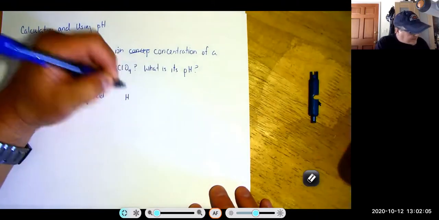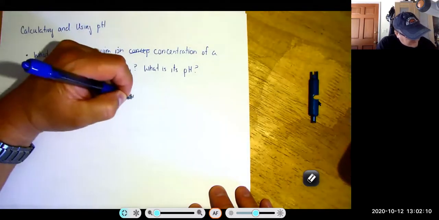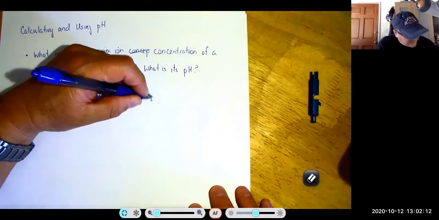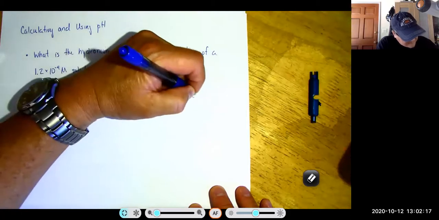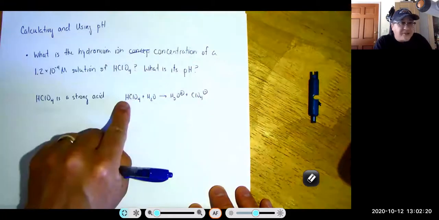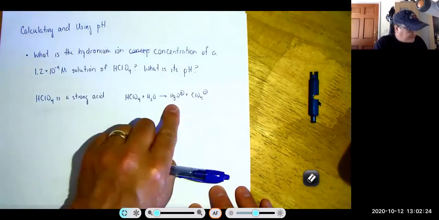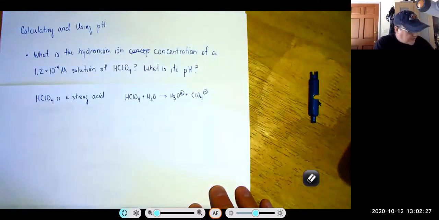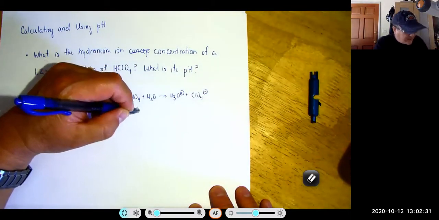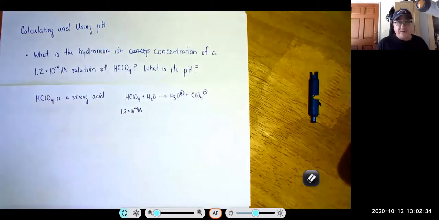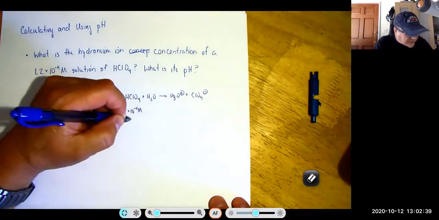So that means that when you put this into solution, every one of these hydrogens comes off and adds to water and makes the hydronium ion. So here you start off with 1.2 times 10 to the minus 4 molar, but it reacts with water. So if all of this reacts with water, what's its new concentration?